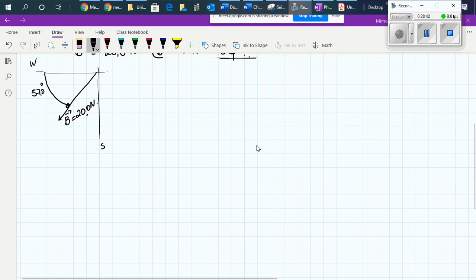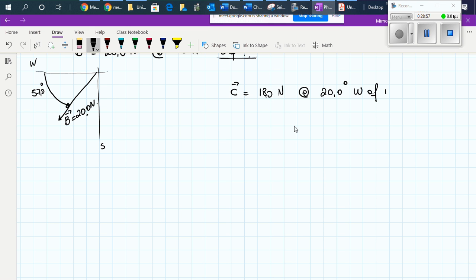Okay. So let's suppose that we have now a vector C that is 18 newtons at 20 degrees west of north. So it is starting from north, going to west at 20 degrees with a magnitude of 18 newtons.